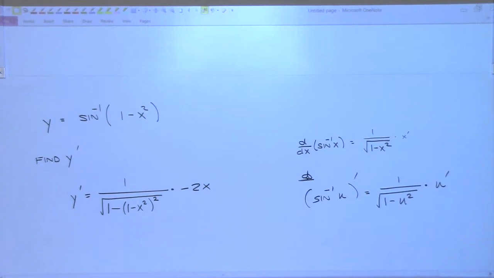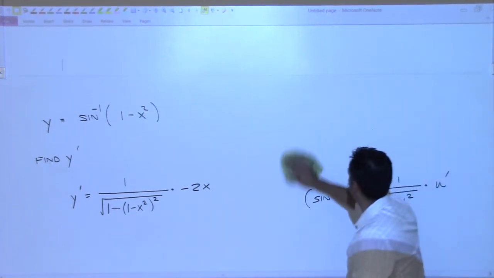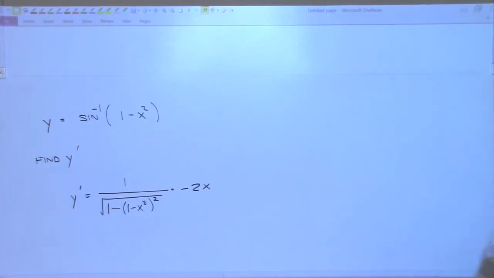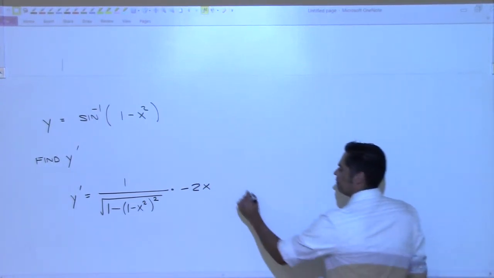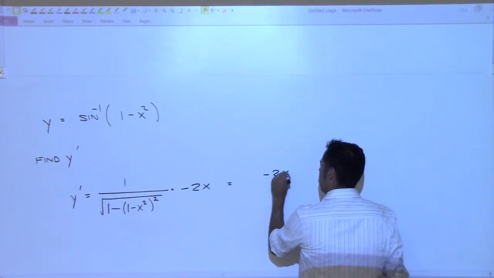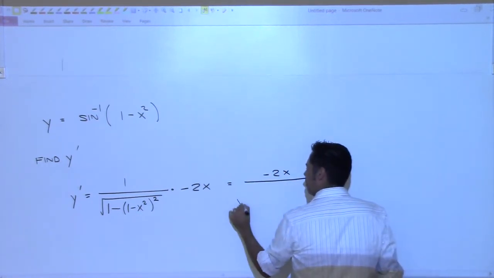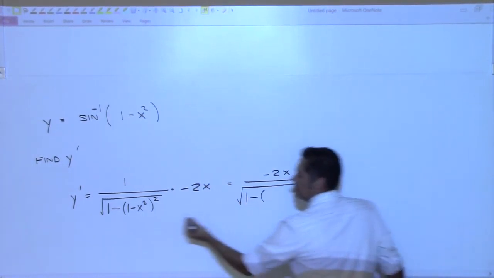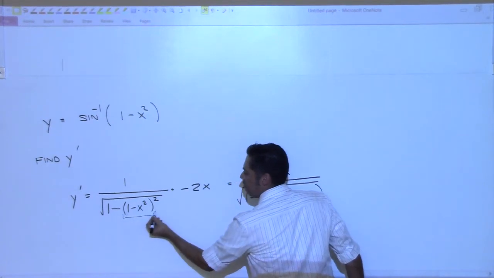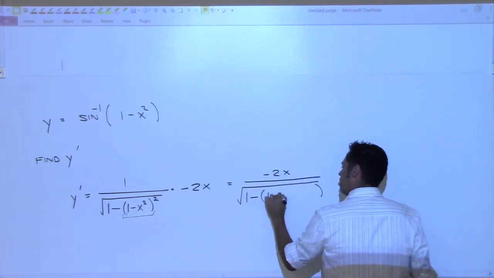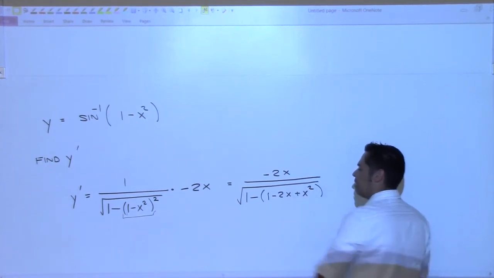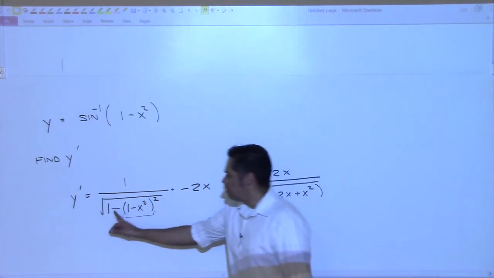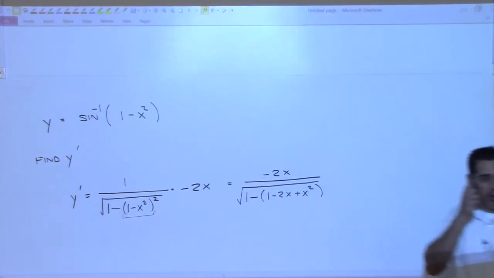With me? All right. This would be negative 2x over the square root of 1 minus. Now let's actually square that. If you take this and square it, you're going to get 1 minus 2x plus x squared. But you still have this minus sign out here that has to distribute through to all those, right?